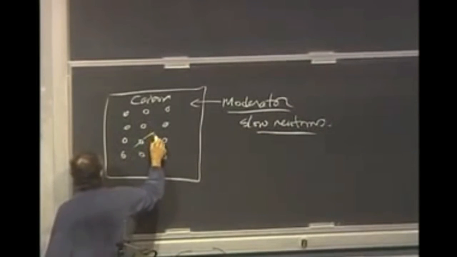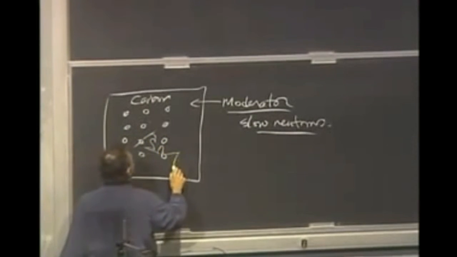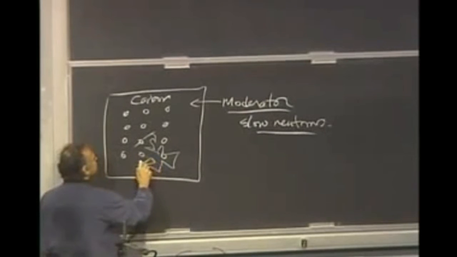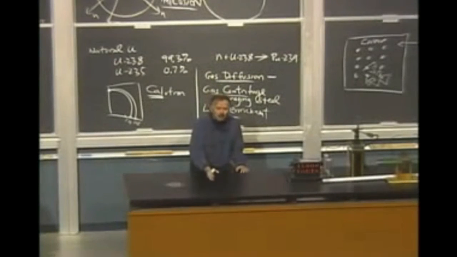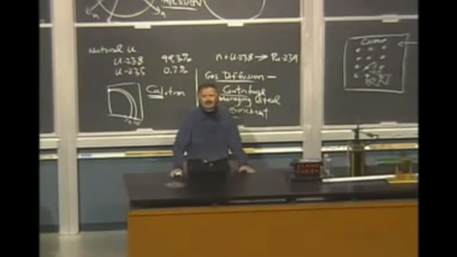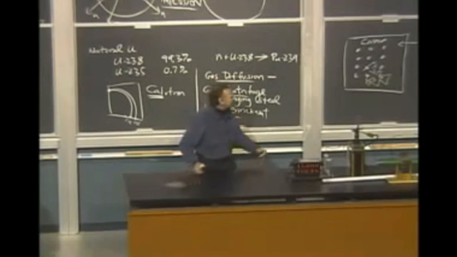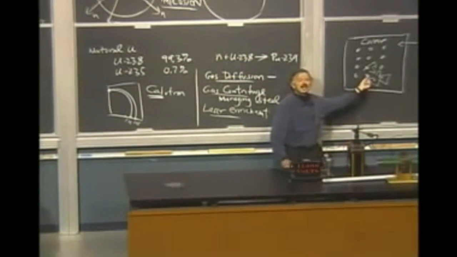Now, these neutrons slow down after a bunch of bounces. And at some point, they will actually hit uranium again. And what they had discovered is that slow neutrons are not absorbed on uranium-238. They're just a little bit. So if you slow down the neutrons with a moderator, you can still get a chain reaction.